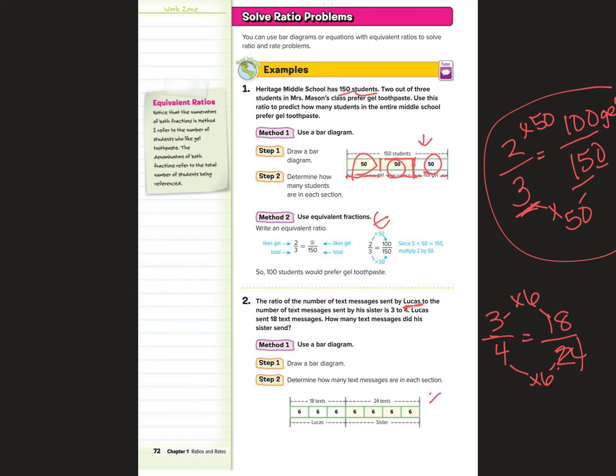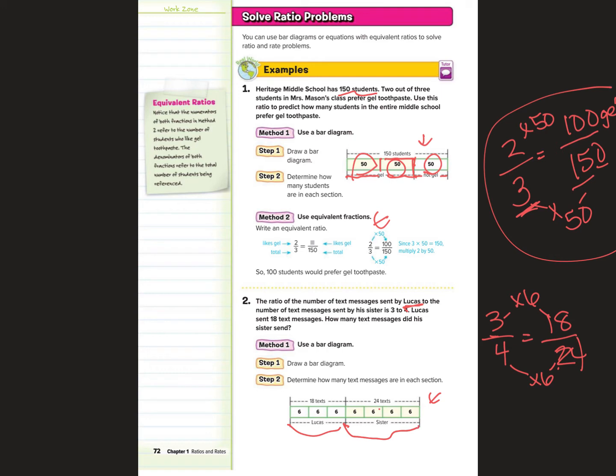Again, you could choose to do the bar diagram. So we knew that we broke it up into 7 equal pieces. We knew 3 were taken by Lucas, and 4 are taken by his sister.